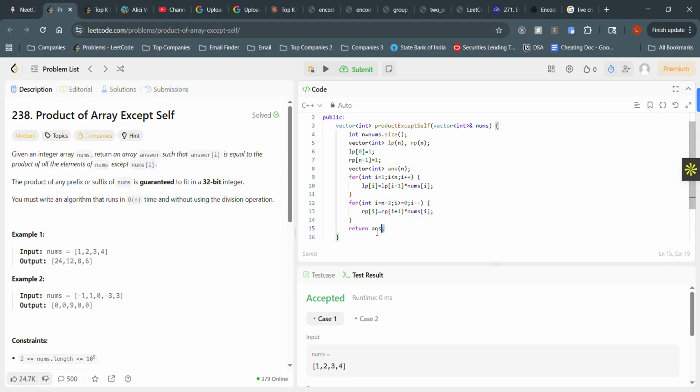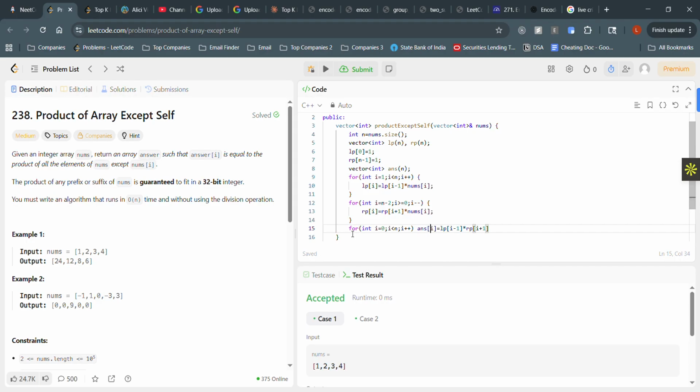So we'll just run a loop here from 0 to i less than n, i plus plus, and basically write answer of i should be equal to left product of i minus 1 times right product of i plus 1.